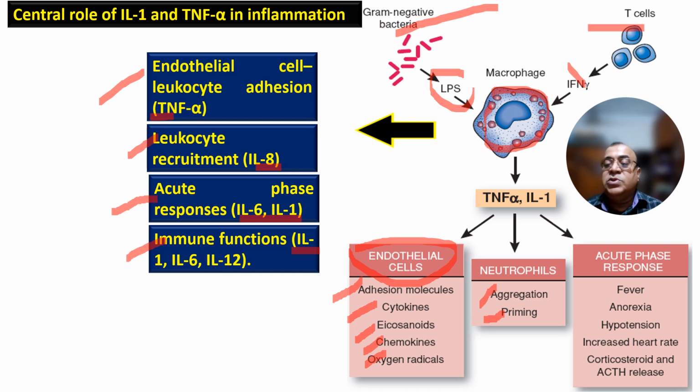Then these are responsible for the acute phase response that is characterized by fever, anorexia, hypotension, increased heart rate, and corticosteroid and ACTH release.